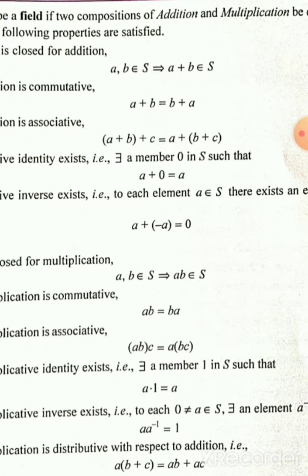If both equation 1 and 2 are equal, means we get a(b + c) is equal to ab + ac. If this happens, then we can say that property number 11 is also satisfied by the set S.